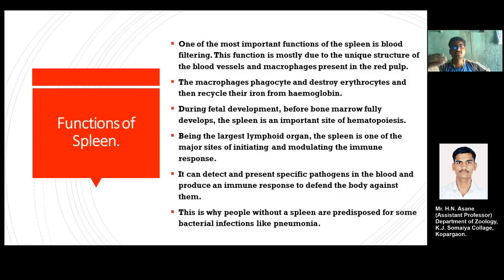The macrophages phagocytose and destroy the erythrocytes and then recycle their iron from the hemoglobin. Okay, so the spleen is also important to recycle the iron from the destroyed RBCs' hemoglobin. We know that each RBC has hemoglobin as its conducting molecule.